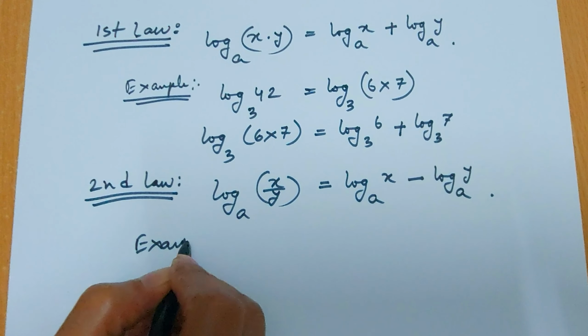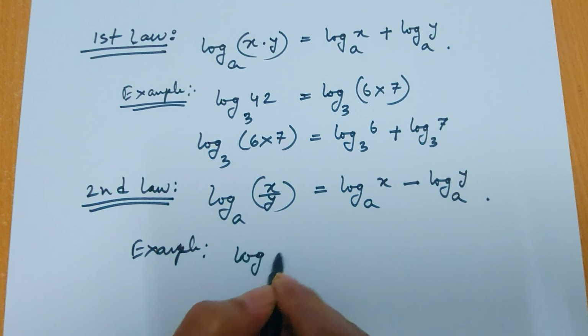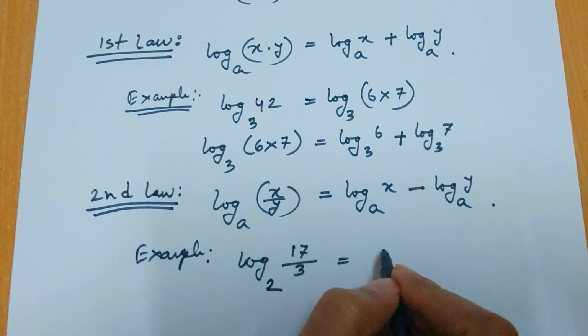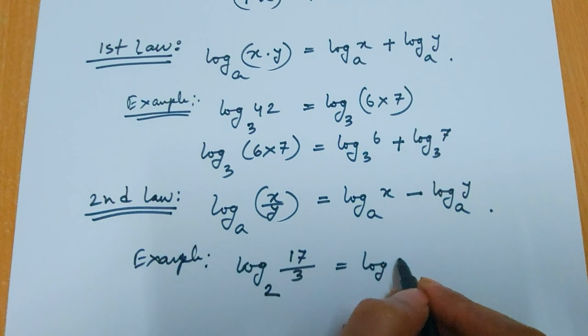And an example for you, log of 17 over 3 to the base 2 equal to log of 17 to the base 2 minus log of 3 to the base 2. Please note that these two rules are applicable when the log has the same base.